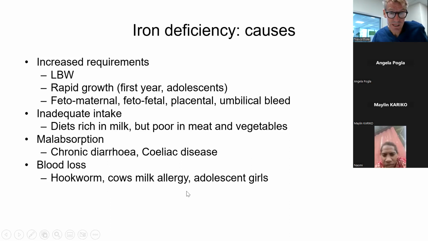Some children who drink a lot of cow's milk will have an allergy to cow's milk, and they'll have gastrointestinal blood loss because of inflammation of the bowel. So cow's milk protein allergy is relatively common, and they may lose hemoglobin and blood from gastrointestinal blood loss.